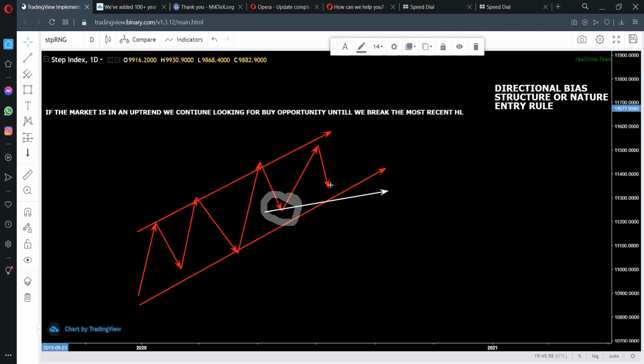So if the market is able to break this low, we don't sell here right after the breakout. Why?